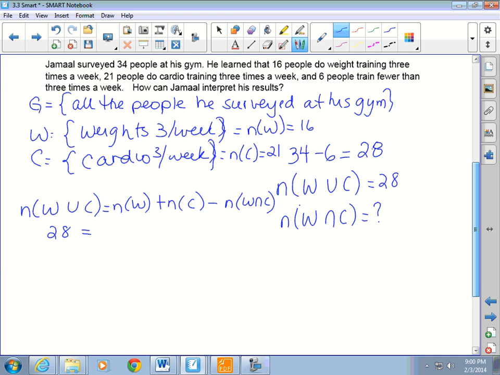The number that did weights was 16, plus the number that do cardio was 21. Don't know this. So I have 28 is equal to 16 and 21, which is 37, minus weights and cardio. Boy, my math is bad today.